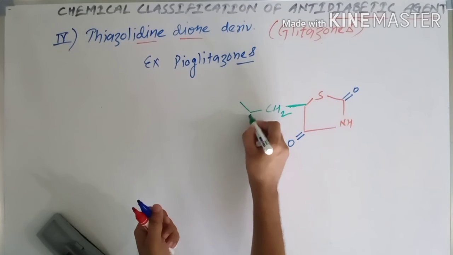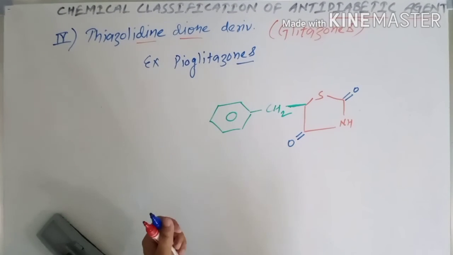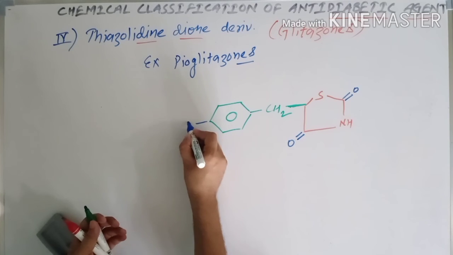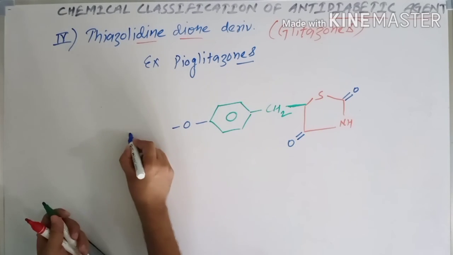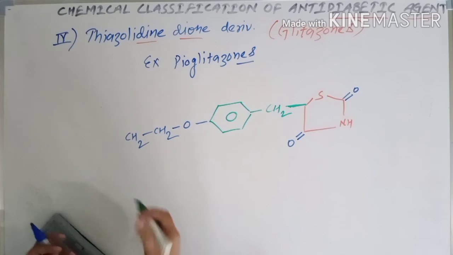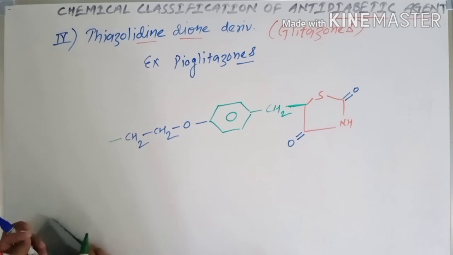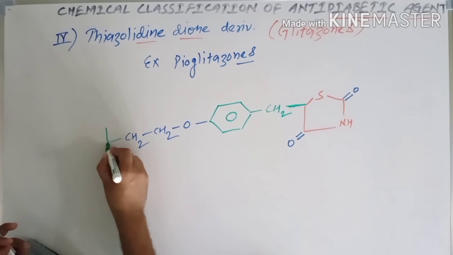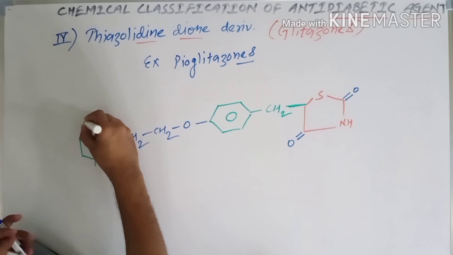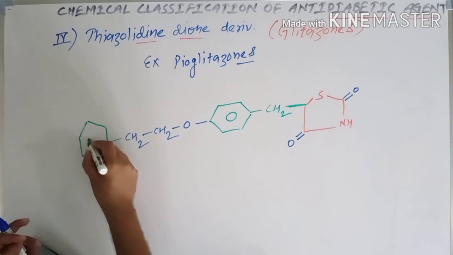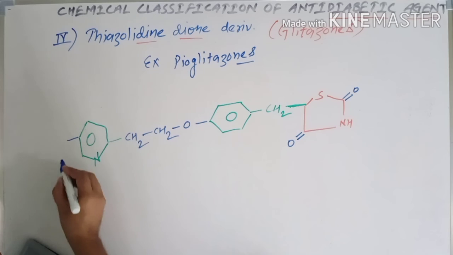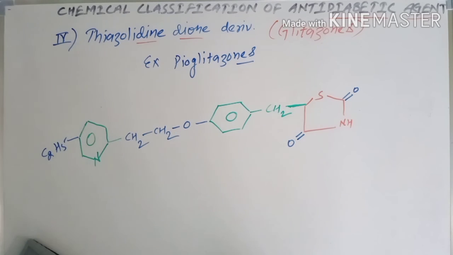This methylene group is directly attached to a benzene nucleus, and here an oxygen group is there, and this oxygen is attached to a CH2CH2 ethylene group, and this ethylene group is again further attached to a 6-membered nitrogen containing heterocyclic ring, and at the third position of this ring there is a C2H5 ethyl group.